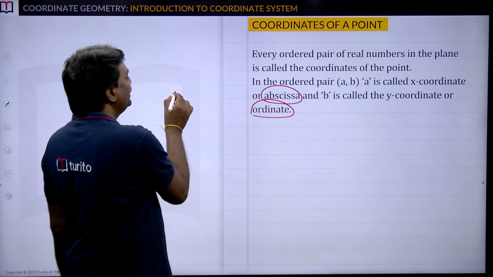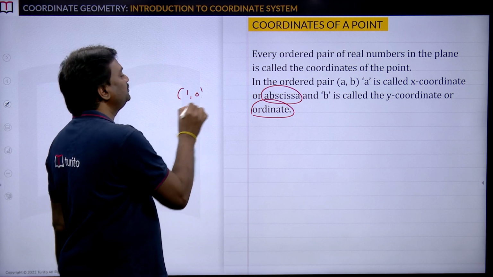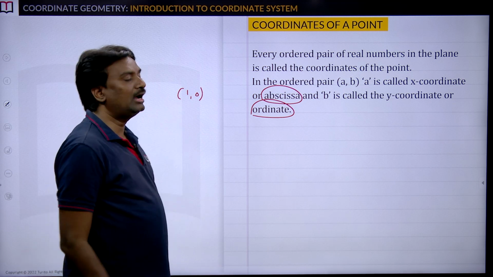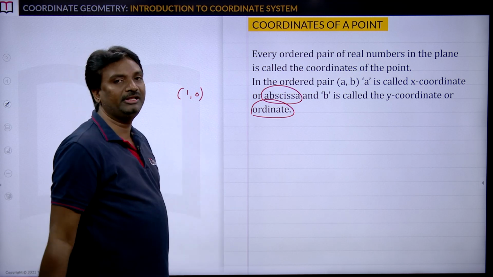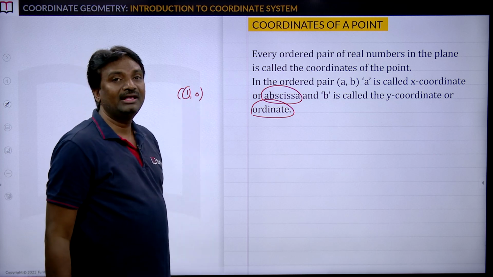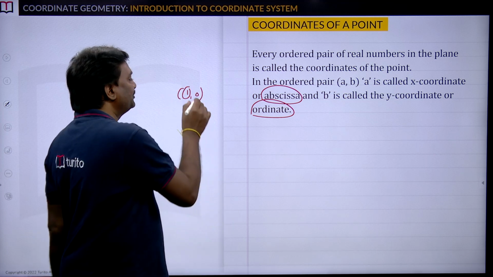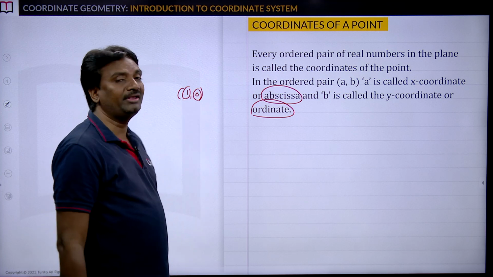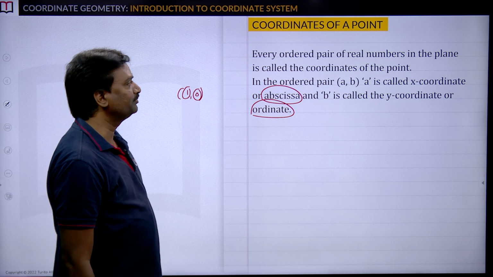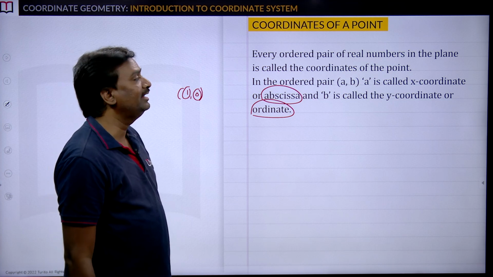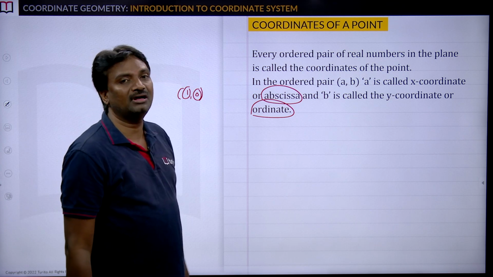Just now we have taken the example 1 comma 0. This is an ordered pair. If we compare with A comma B, in place of A we have 1, in place of B we have 0. So, this one is known as x coordinate or abscissa. The second number 0 is known as y coordinate or ordinate. Every ordered pair of real numbers in the plane is called the coordinates of the point.